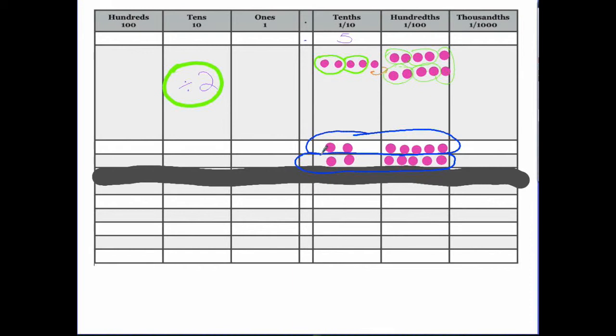Well, I have 7 total, but how many tenths do I have? You have 2 tenths and 5 hundredths. So I have 2 in that part, and I have 5 in this part. And don't forget your little handy-dandy decimal all the way down. So raise your hand if you can tell me what 5 tenths divided by 2 equals.